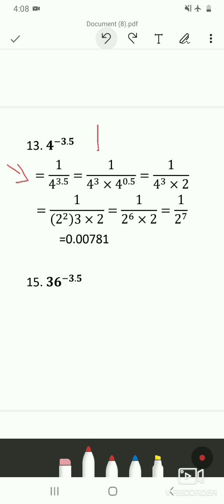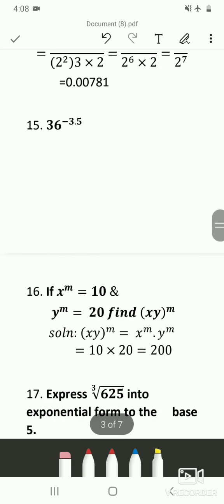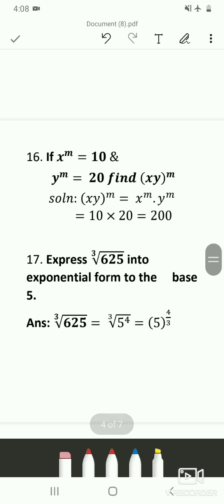So now let me go to the next problem. I want you guys to solve this problem, even you have to solve it in the similar way that you have solved the previous problems. The next question is, if x raised to m equal to 10 and y raised to m is equal to 20, find (xy) whole raised to m.